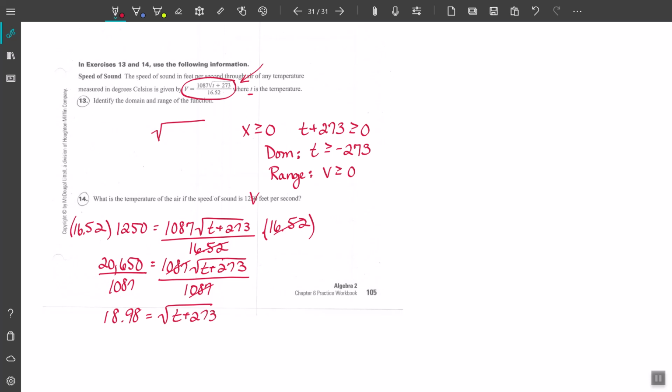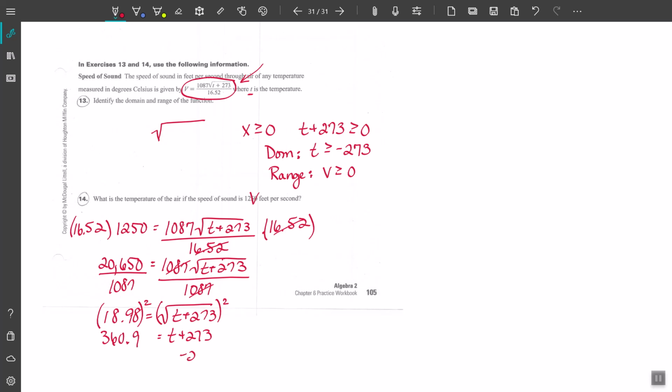And we learned a couple of chapters ago that in order to get rid of a square root symbol on either side, or on one side, we can square it. So if I square this side, then I need to square this side. All right, the exponent 2 and the square root symbol will cancel each other out. 18.98 squared is 360.9.